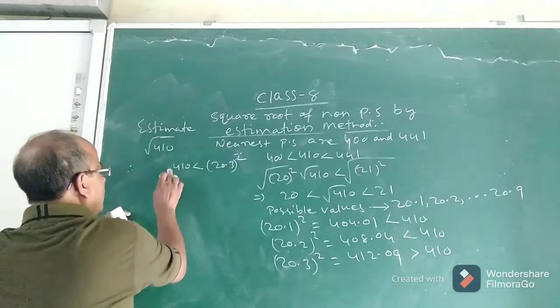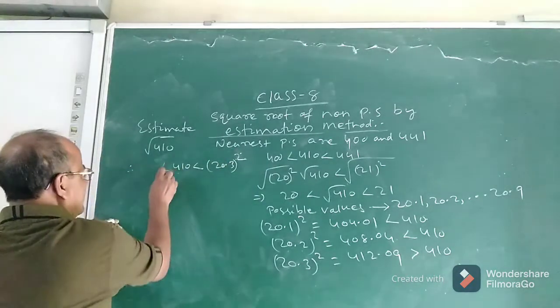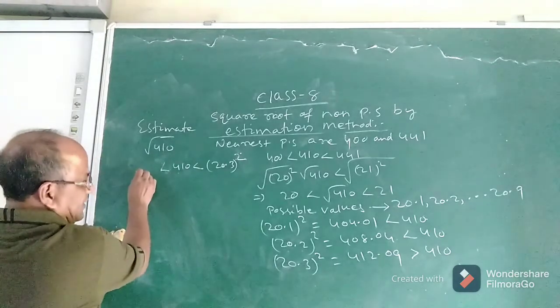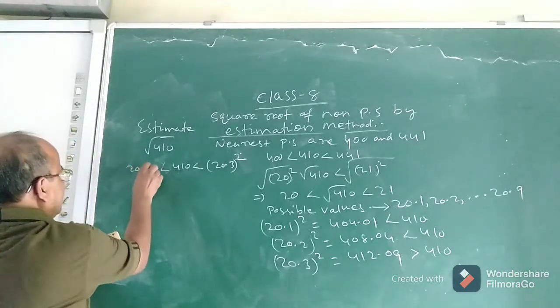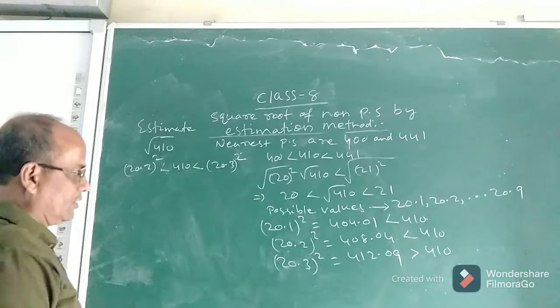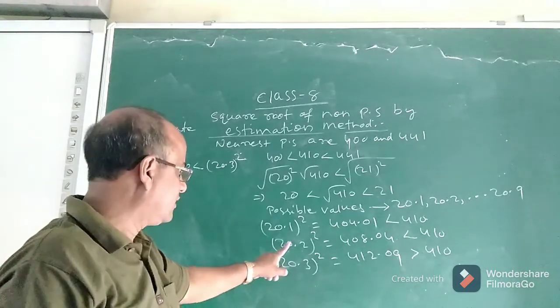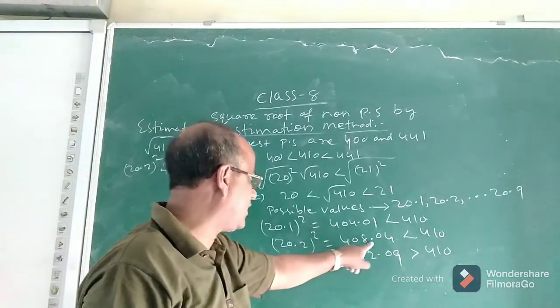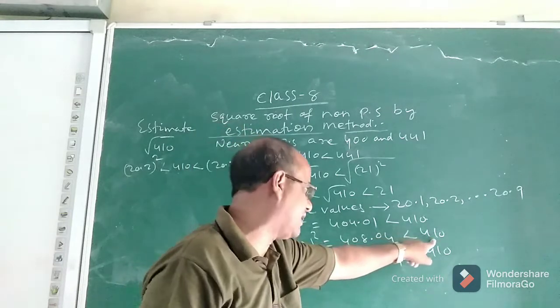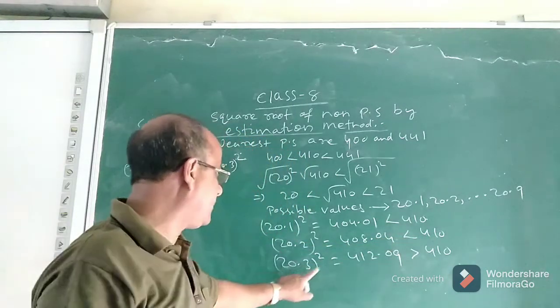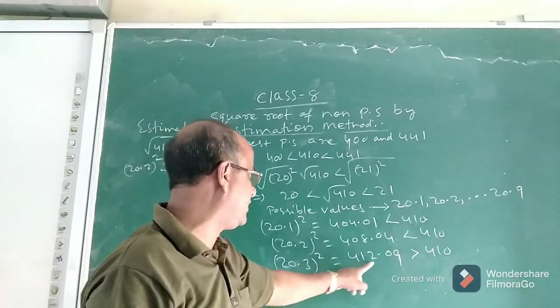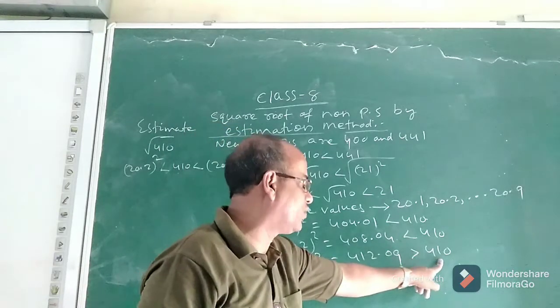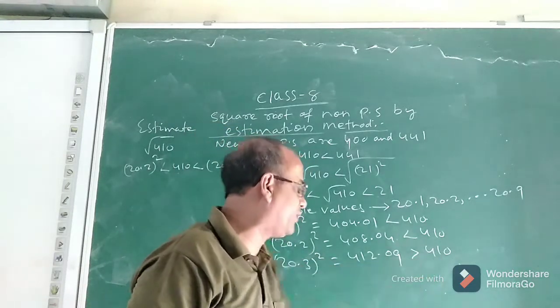410 is less than 20.3 squared and it is greater than 20.2 squared. Look at it once again, children. 20.2 squared is 408.04, which is less than 410. Then 20.3 squared is 412.09, which is greater than 410.